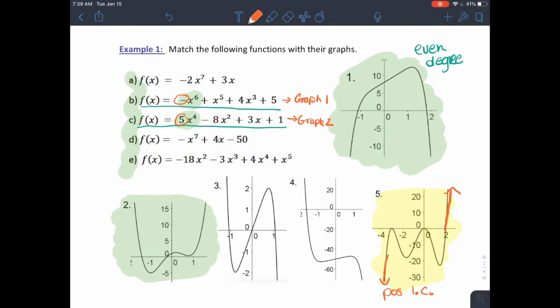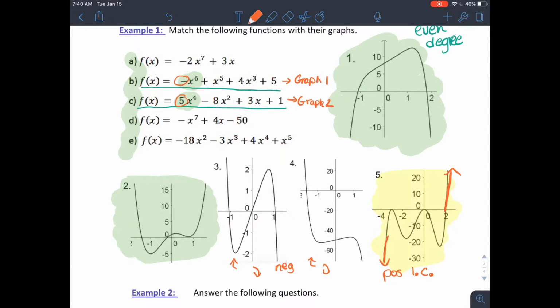So anytime you're looking at a graph, odd degree, rising up as you go towards the right, you're looking for a positive leading coefficient on your polynomial. If you look at our options, E is out of order, but its highest degree term is 1x to the 5th, which would be a positive leading coefficient. So graph 5 is going to match polynomial E.